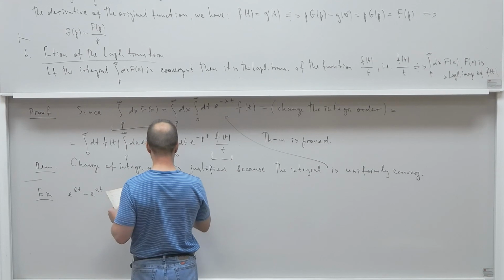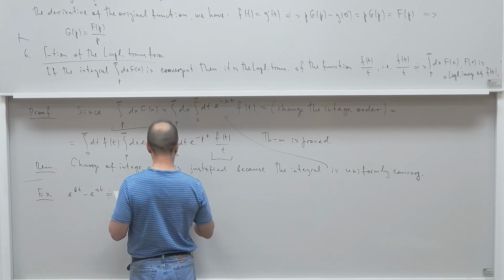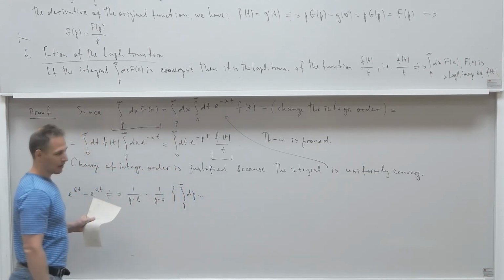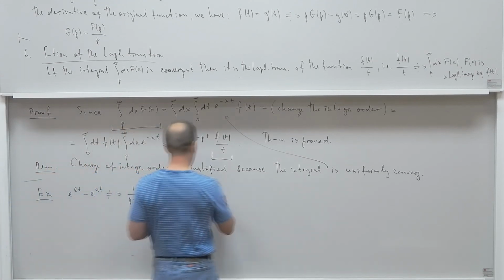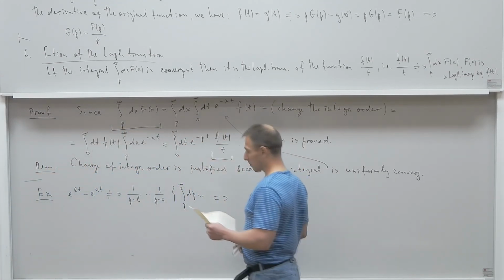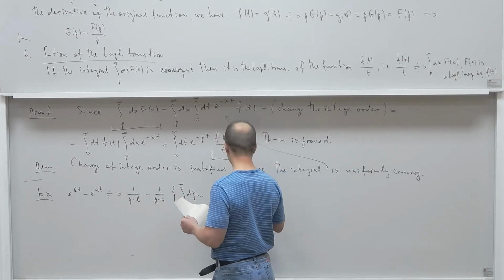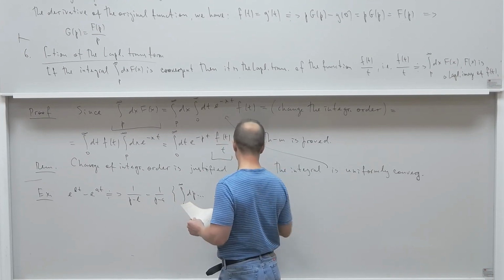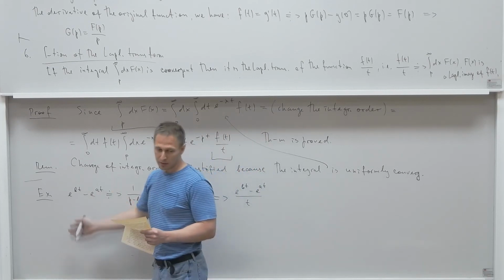Then we integrate the right-hand side of this expression and apply the previous theorem. As for the left-hand side, we just have to divide this expression by t.